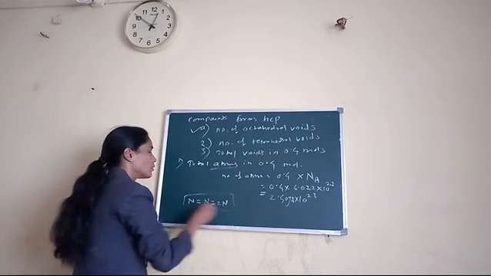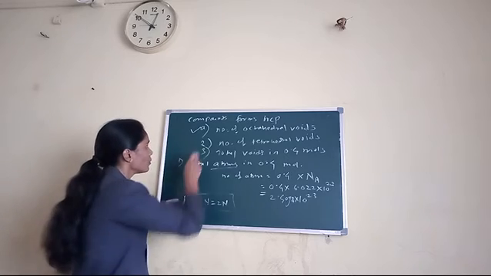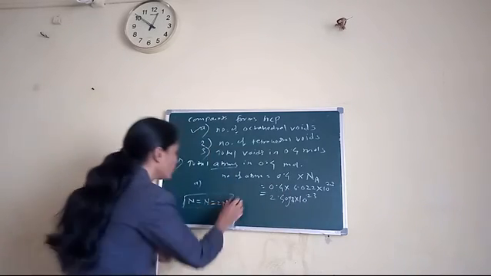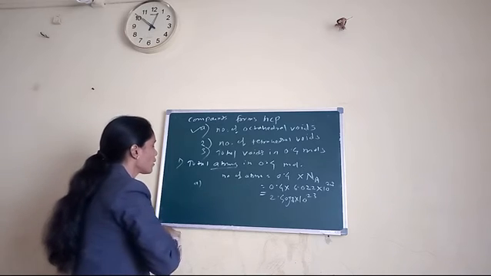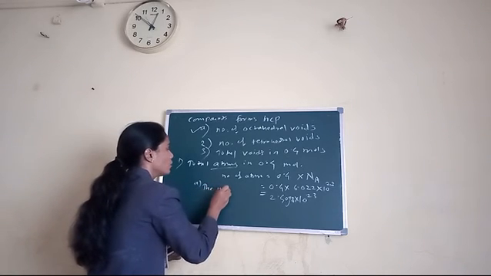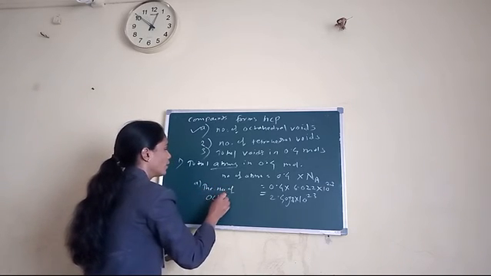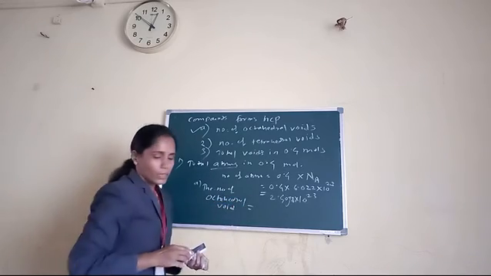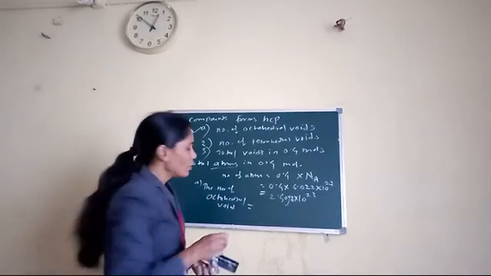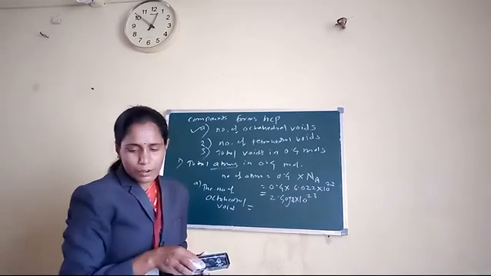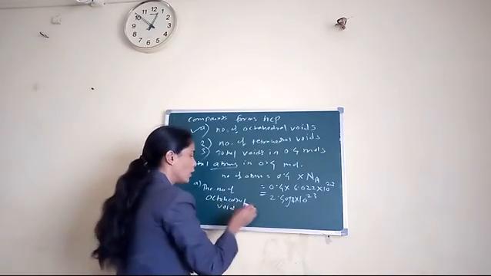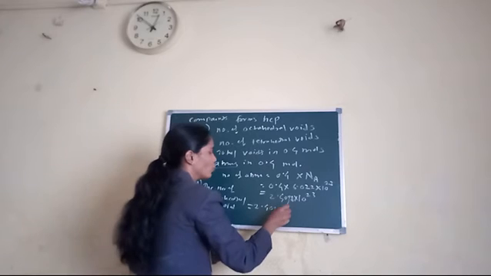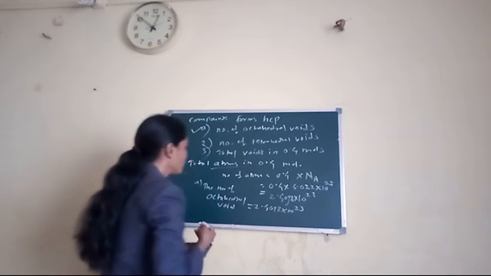From this data we can solve the number of octahedral voids, which is equal to the number of atoms, 2.4098 into 10 raised to 23.